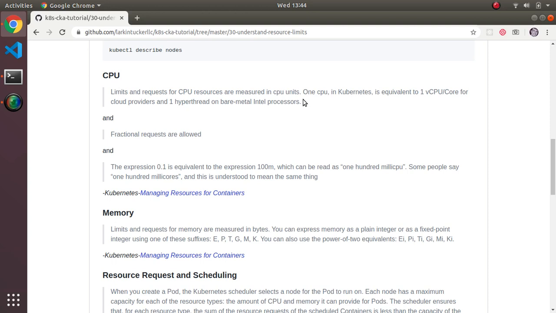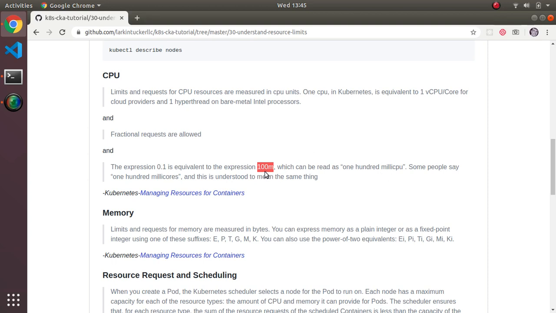You can do fractions like 0.5, but it's more common to use the format with thousandths, a milli. So 100m stands for 1/10 of a CPU. A lot of times you'll see this described as a milliCPU.